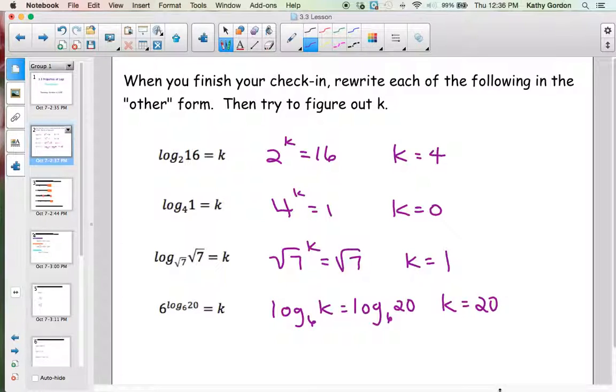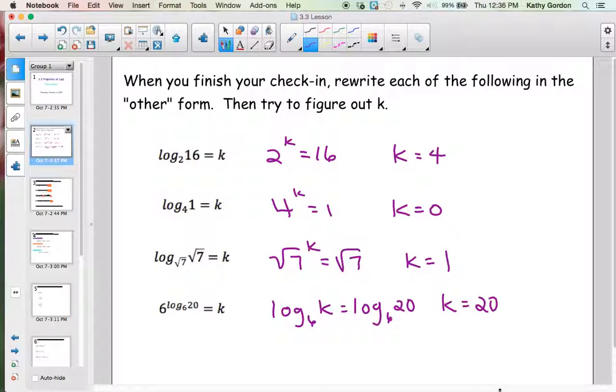Okay? So everybody's comfortable doing that? Switching back and forth and then being able to evaluate like that? Okay. Good. But that's not the purpose of why I asked you to do this. The reason I asked you to do this is because our lesson today is about properties of logarithms. And there's 2 types of properties that we can talk about. One set of properties are what I call the shortcuts.